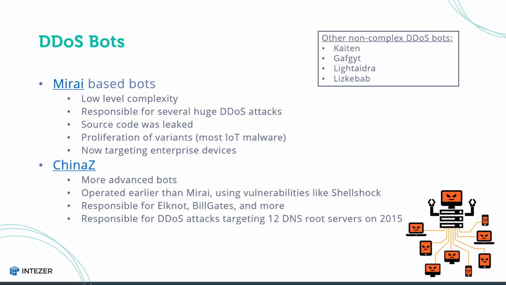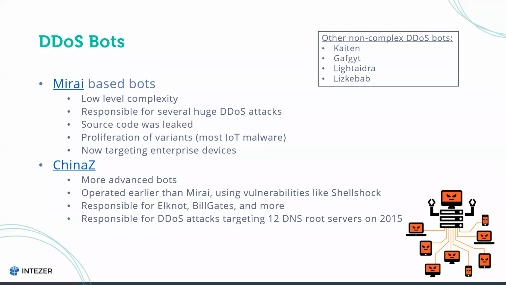So here we have two very familiar DDoS bot families, Mirai and China Z. Now, Nacho, you've researched both of them and published that research. I'd be happy to hear your input on these two families, their differences, and what they do.